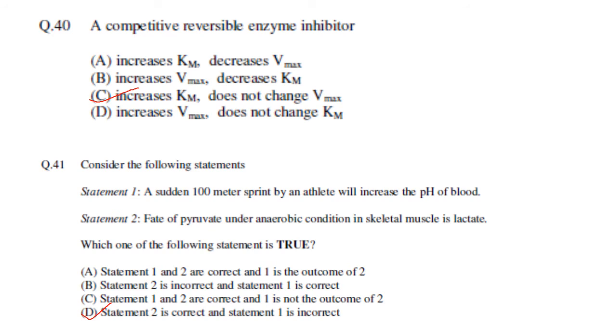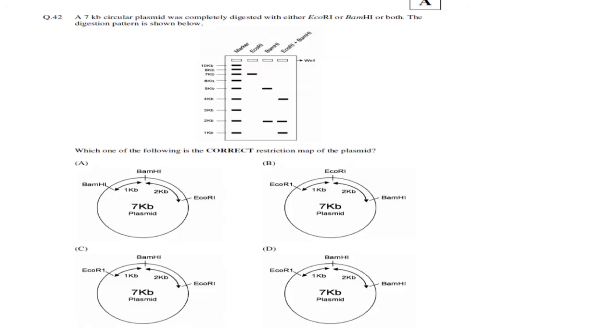Statement 2 is correct. That is, fate of pyruvate under anaerobic condition in skeletal muscle is lactate. That is correct. But statement 1 is incorrect. So answer is option D. Now next one. A 7 kb circular plasmid was completely digested with either EcoRI or BamHI or both.